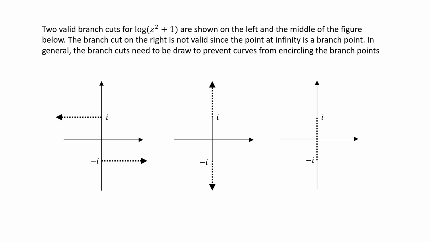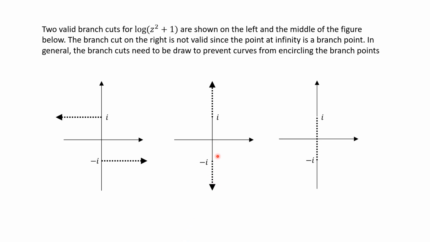Two valid cuts for our example log of z squared plus 1 are shown on the left. We basically go from each branch point out to the other branch point at infinity, and both of these are valid. The one on the right is not, because we want to prevent a closed curve from encircling the branch points, and these two prevent us from doing that.